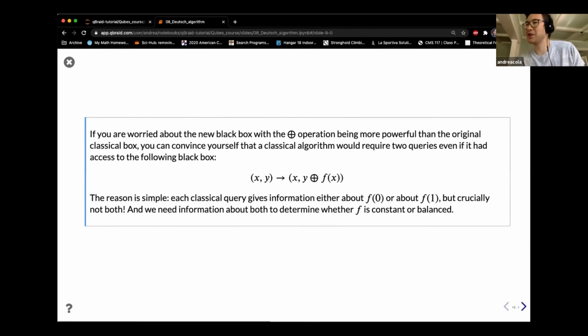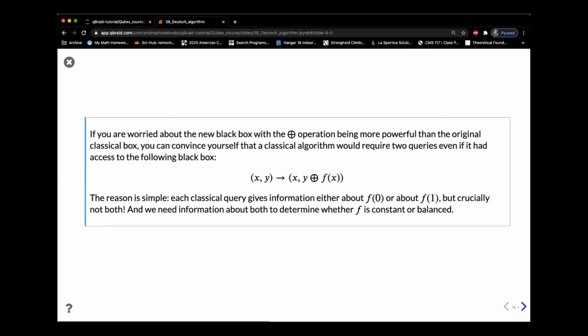No, because let's say x is equal to 0. So you input 0 and y. You would get 0 in the first bit, which doesn't tell you anything. In the second bit, you get y XOR f of 0. So there's no information whatsoever about f of 1.